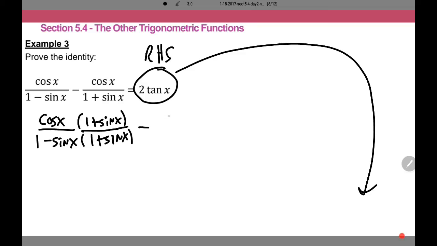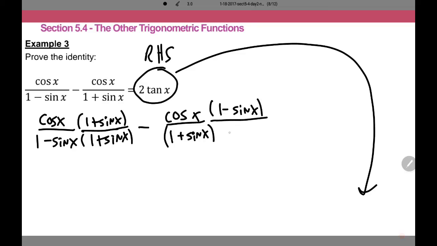And then I do the same kind of thing with the second one, except I'm going to do 1 minus the sine of x over 1 minus the sine of x. Alright? So now I've got the same denominator.